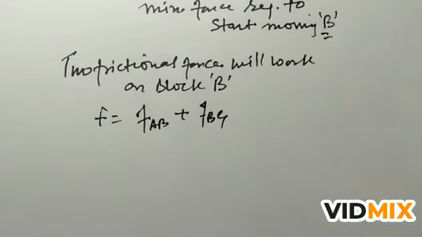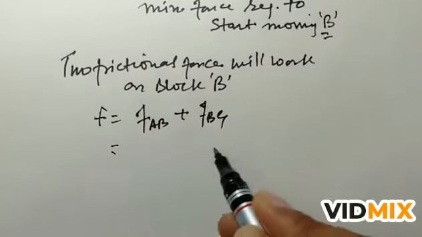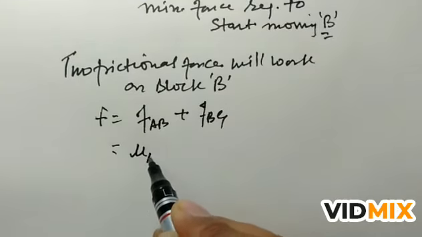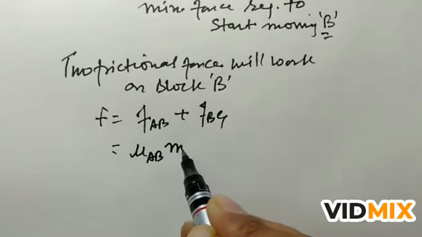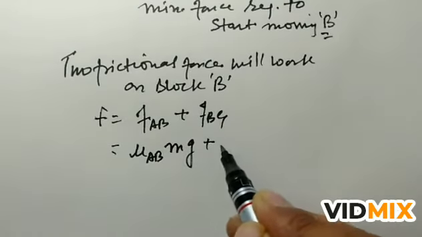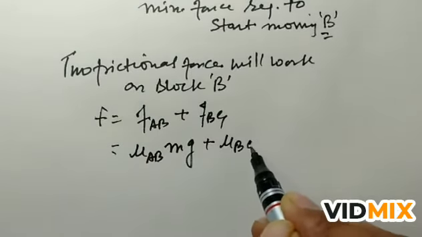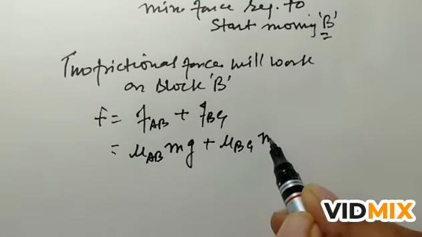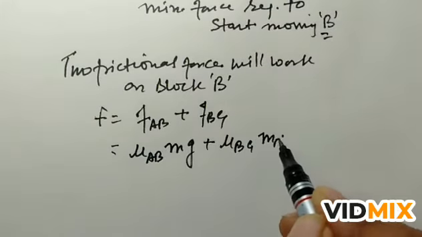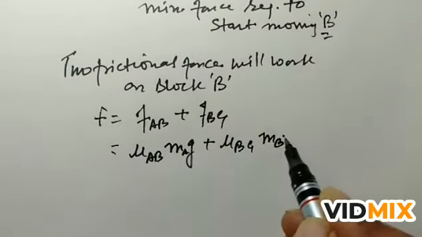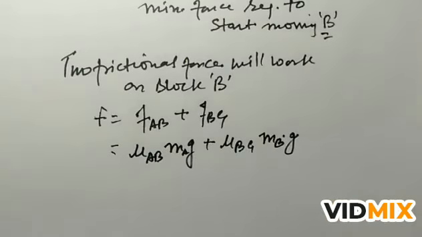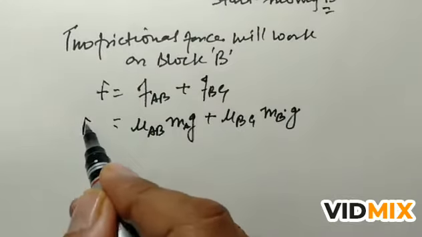So how can you find the value of these two forces? The friction force AB is mu AB MA g plus mu BG MB g. Now this is the total friction force.